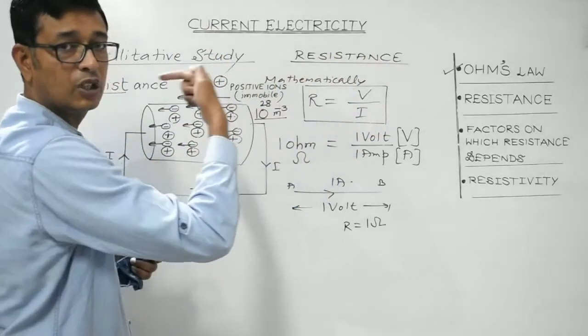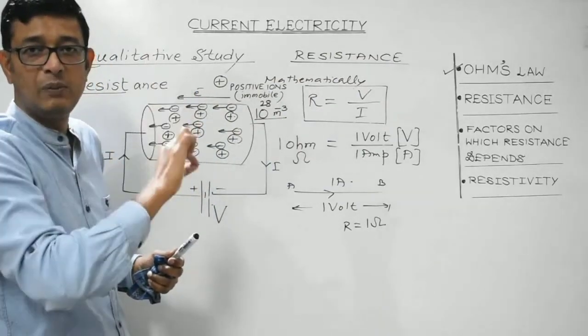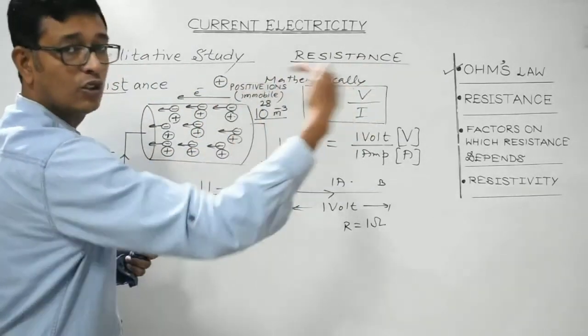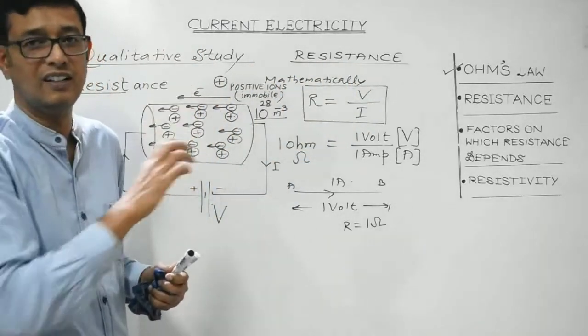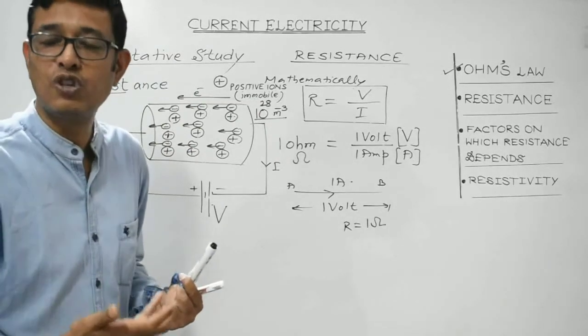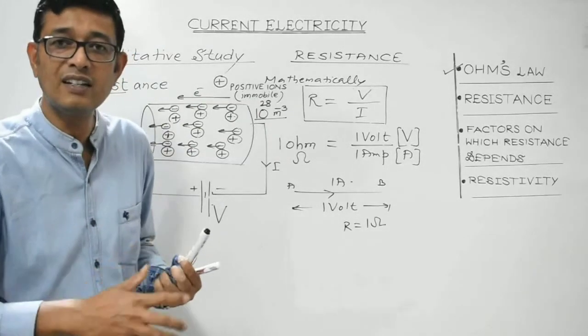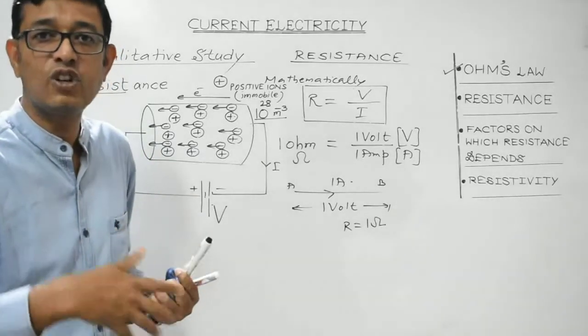Electrons are drifting in a particular direction and ions are oscillating about their mean position. So the electrons, while drifting, very often collide against the vibrating ions, and when they suffer collision, naturally their motion gets hindered, opposed, restricted.